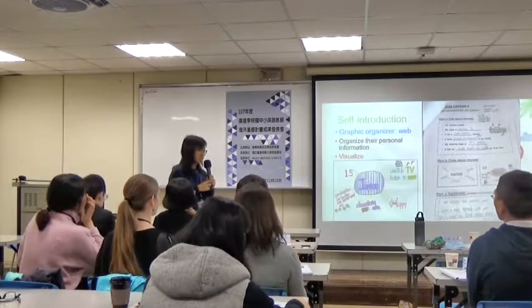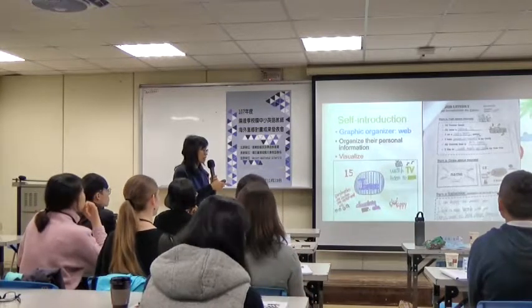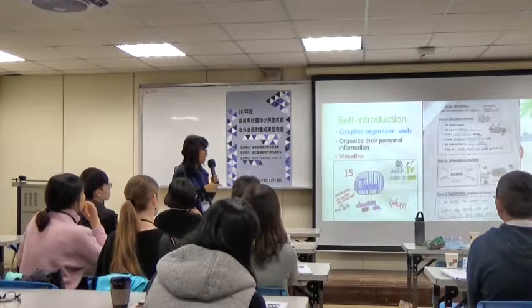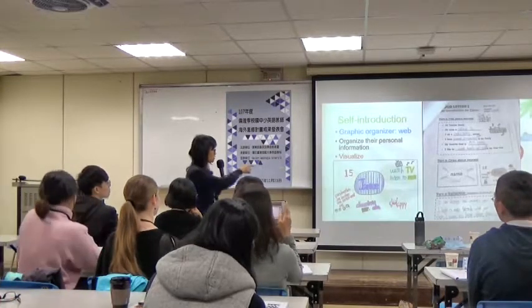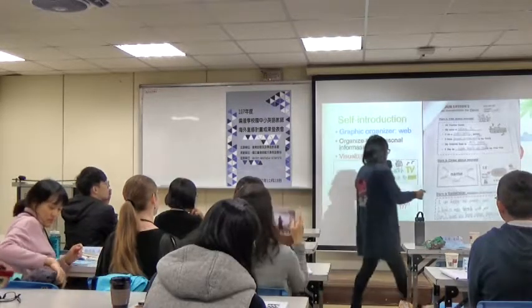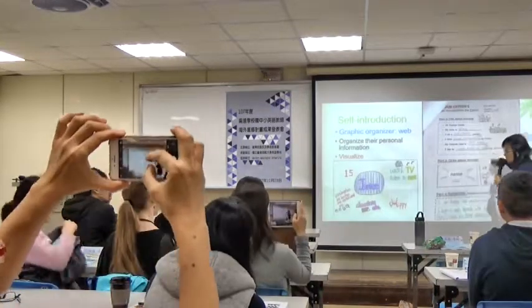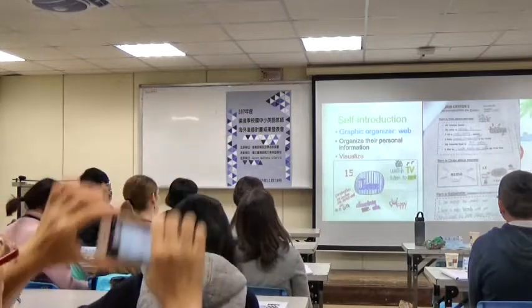In the first lesson, Daniel introduced himself and did some question and answer. Then in the second lesson, I had students do a little worksheet like this, and I asked them to write down some information about themselves.